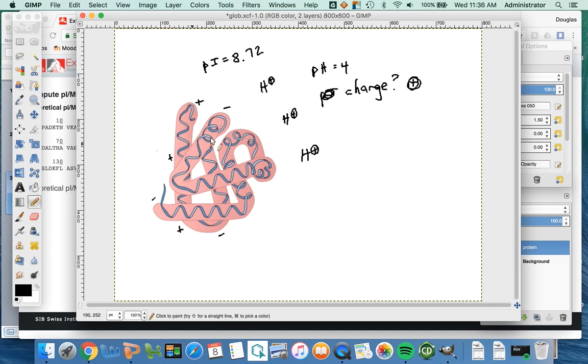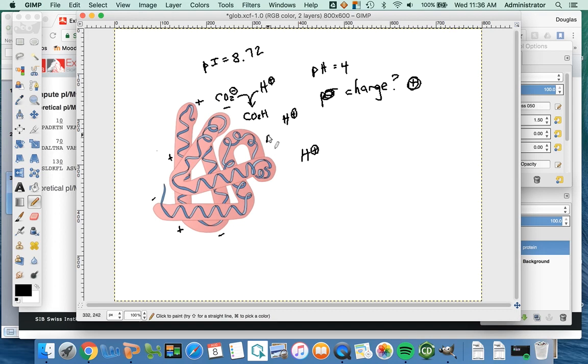Now, what will the bombardment of this protein with acidic protons do to the charge? Well, let's take maybe one of these negative charges and break it down a little bit. Maybe this is a carboxylic acid that's been deprotonated with a negative charge. Well, what's going to happen to that negative charge in a more acidic environment? That negative charge will become neutral, right? So we're going from negative to neutral. We're really becoming more positive.